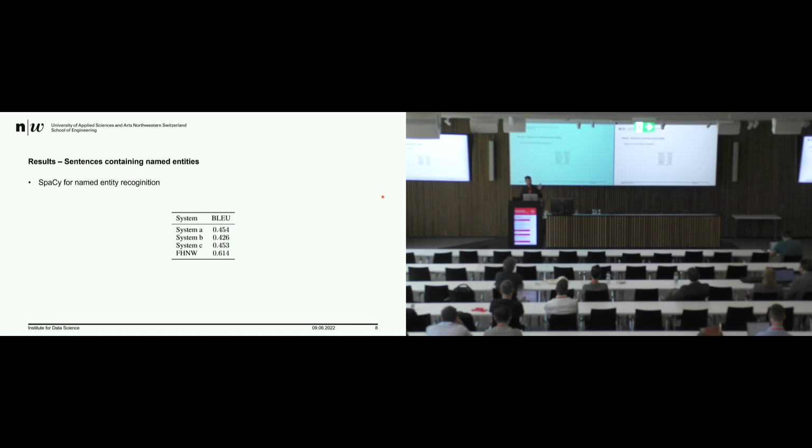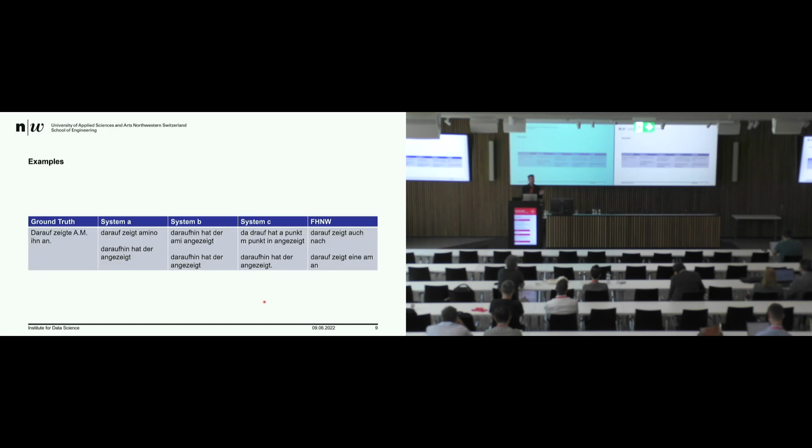So we searched for sentences containing named entities, and then we evaluated the systems only on those sentences and calculated the Plüss score. And what we see is that all systems suffer especially badly on sentences with named entities. For example, our system loses about 11 blue points on sentences with named entities compared to the whole test corpora. And here as well, system B is the one that has the most trouble with named entities.